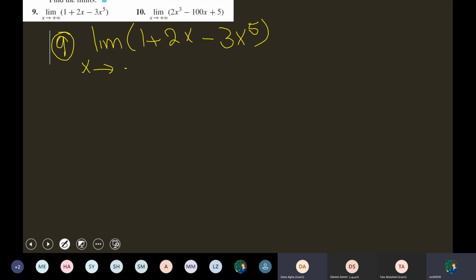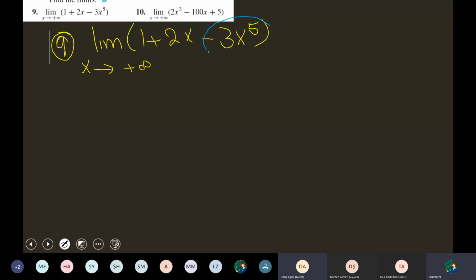Here now. Limit of 1 plus 2x minus 3x raised to 5 when x approaches positive infinity. Okay, I will see negative 3x.